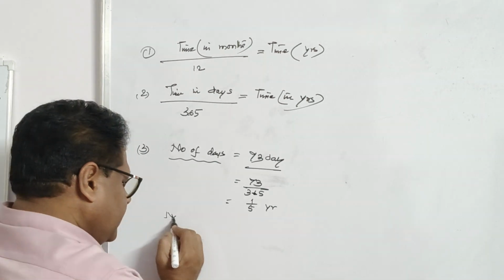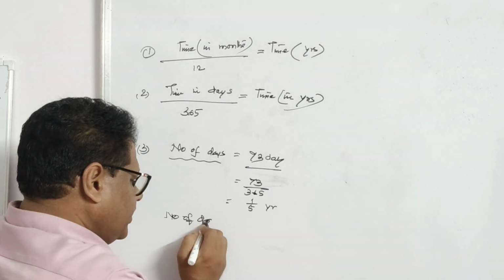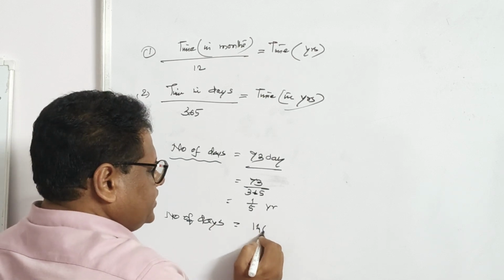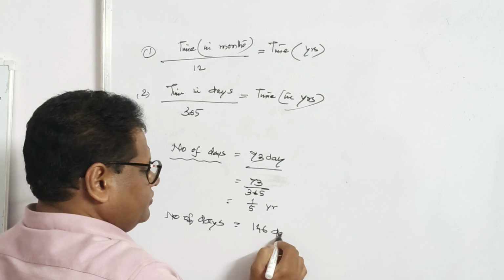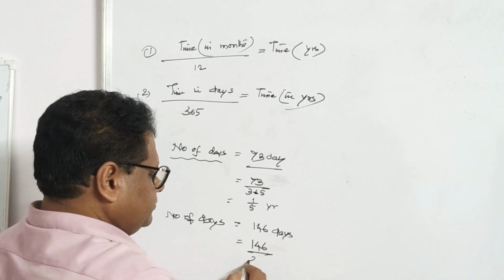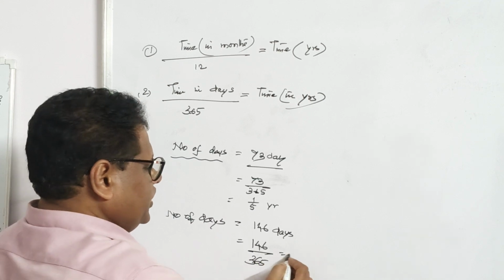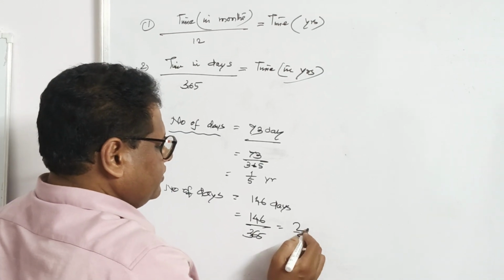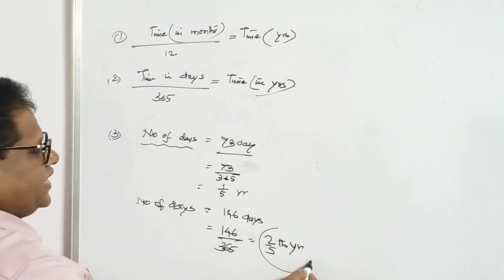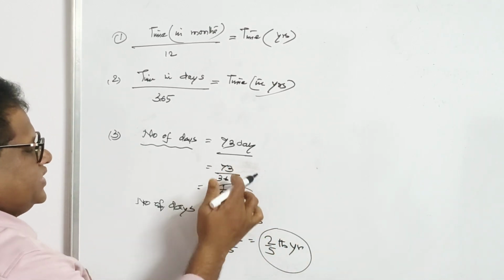On the other hand, if the number of days is 146, double of this, then if you convert this into years, this comes to 2/5 year. So you can use these fractions directly when the number of days are like this.